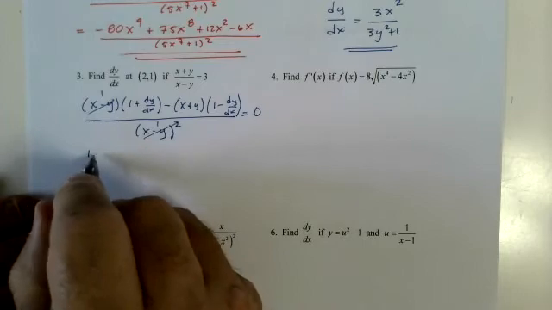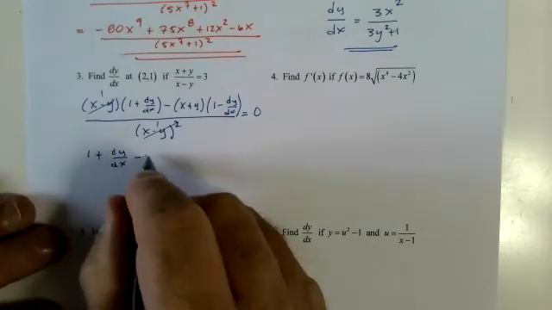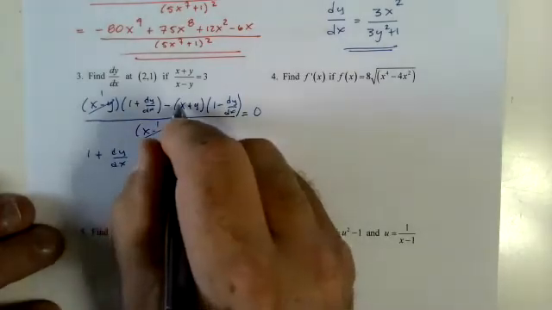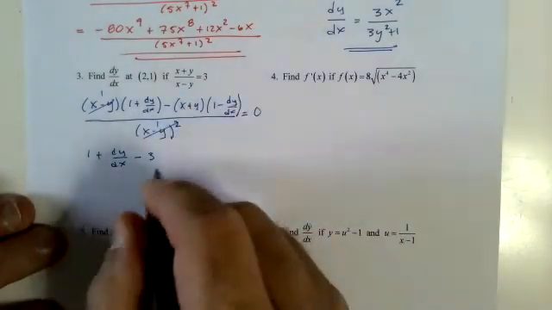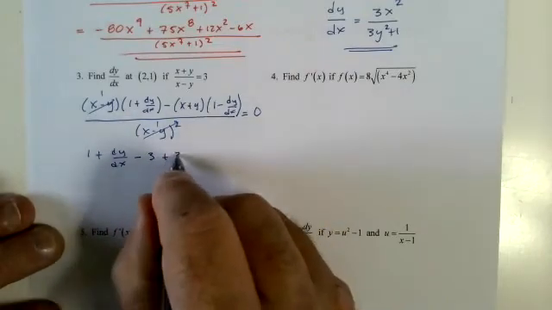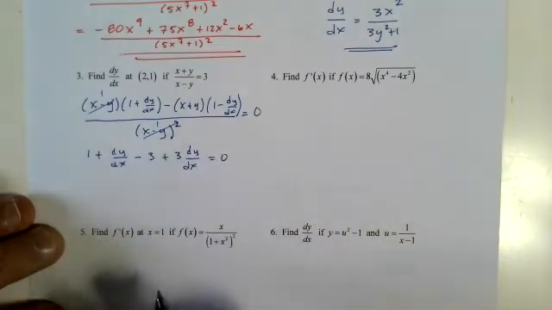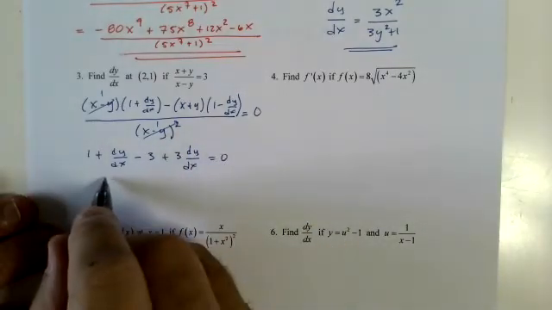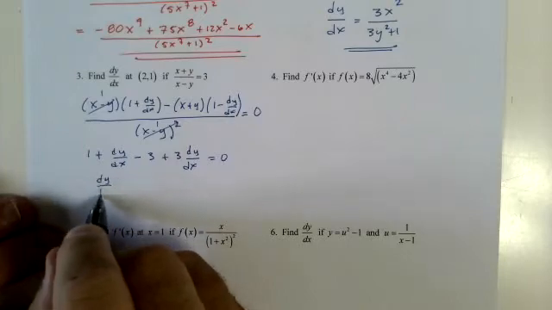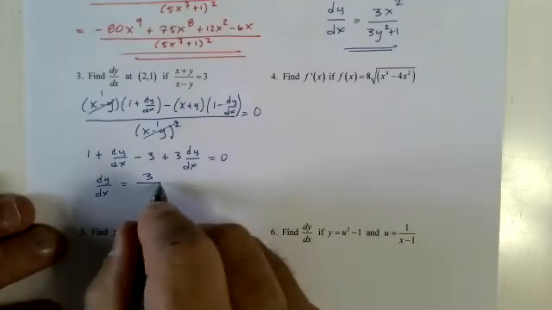So I get 1 plus dy dx minus 3. Distribute that. Nah, that's too much distributing. No, it's not. Minus 3 plus 3 dy dx equals 0. Oops.